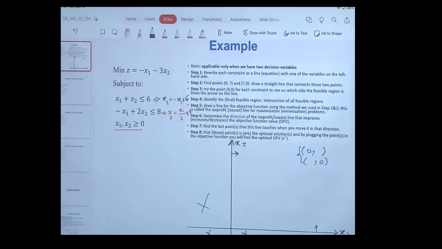So if x1 is 0, what is x2 in this first equation? If x1 is 0, x2 is 6, right? And if x2 is 0, what is x1? 6, right? So I've got 2 points, 0 and 6, and 6 and 0.